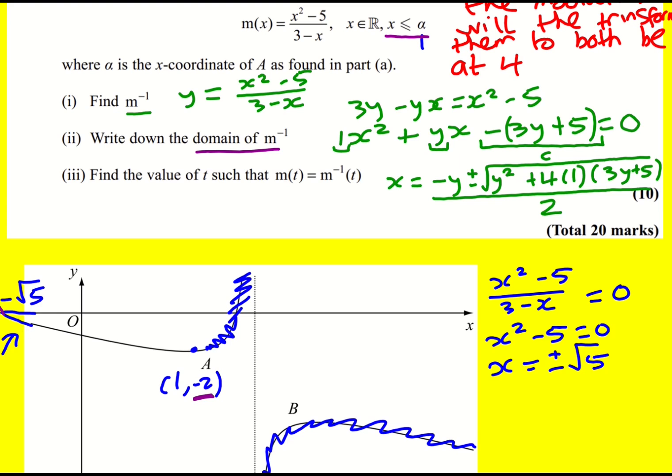We had it go to minus root 5, but it's actually going to increase as x tends to minus infinity. It's going to go to infinity, and therefore the range of m of x is that it is greater than or equal to -2, which means the domain of the inverse is x is greater than or equal to -2.